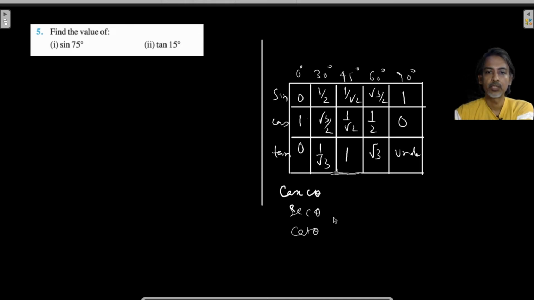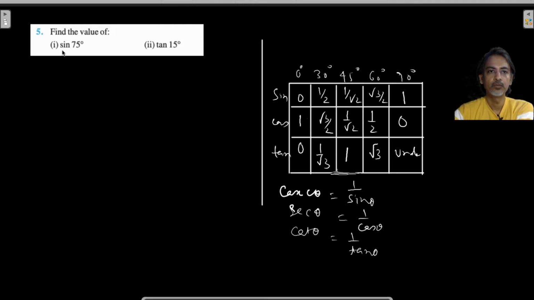So cosec theta is nothing but 1 upon sine theta, sec theta is nothing but 1 upon cos theta, and cot theta is nothing but 1 upon tan theta. So for each value of 0, 30 or 45 degree we can get values of these as well. So you just have to remember these values and we will work with them now.